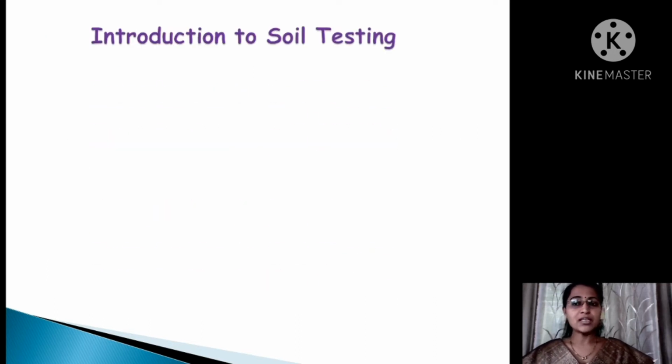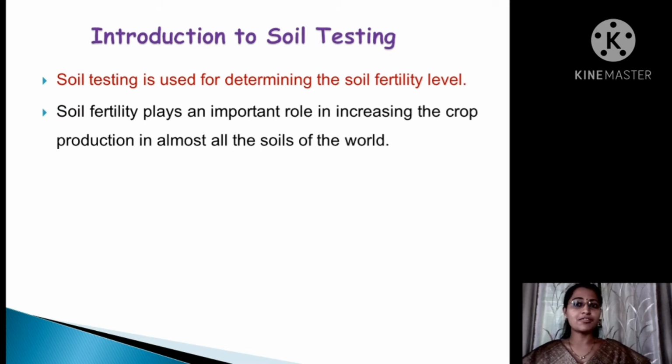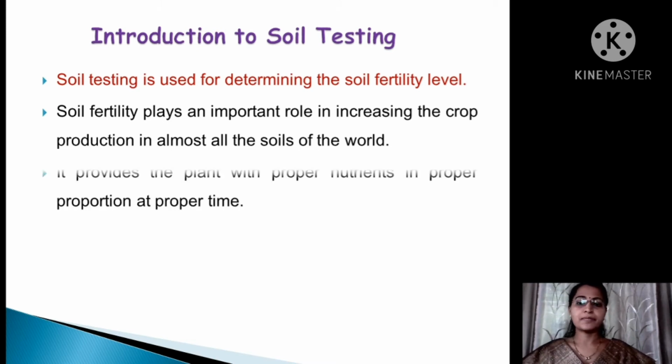Now, after seeing the types of soils, we focus on soil testing. We see an introduction to soil testing. Soil testing is used for determining the soil fertility level. Soil fertility plays an important role in increasing crop production in almost all the soils of the world.